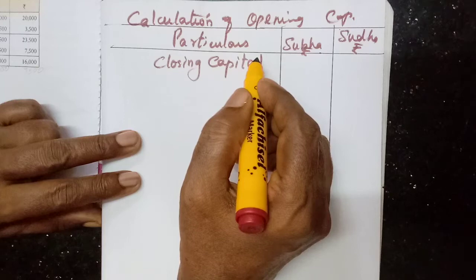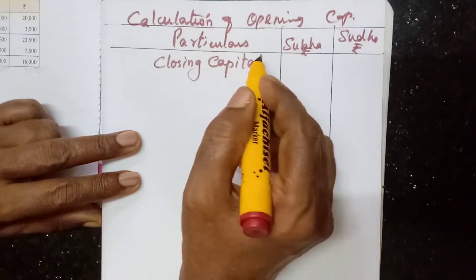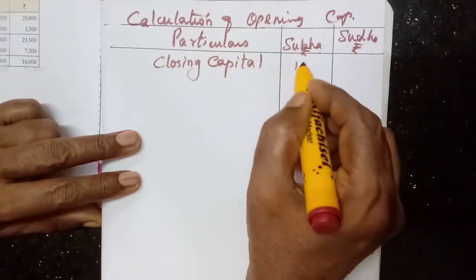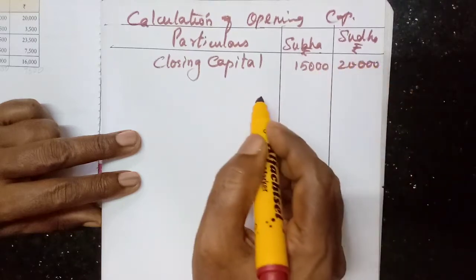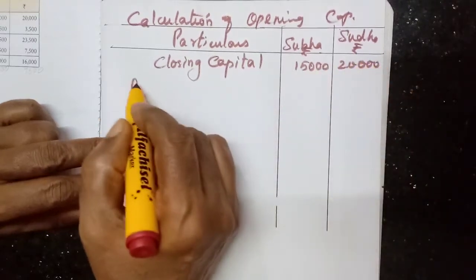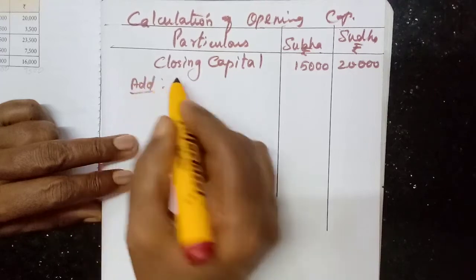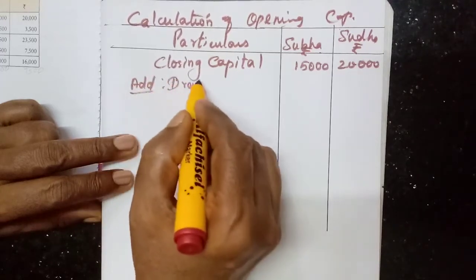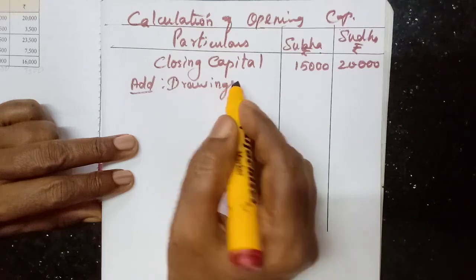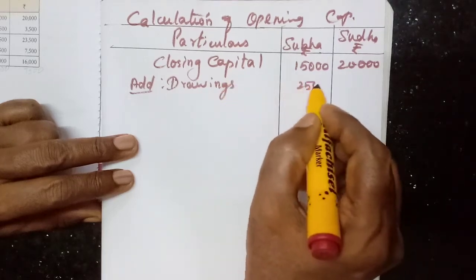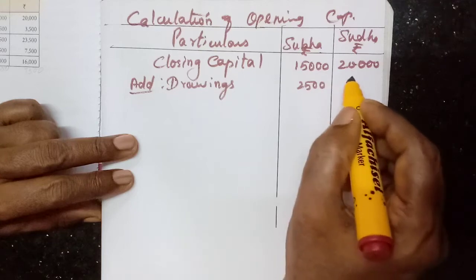Closing capital is given: 15,000, 20,000. Then add drawings. Drawings given are 2,500 and 3,500.